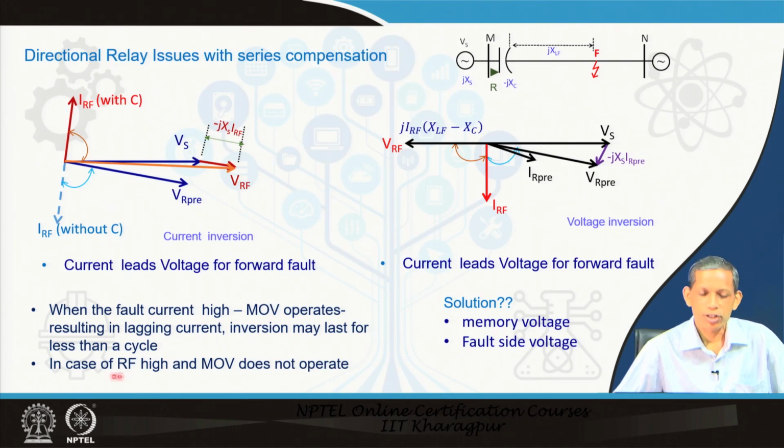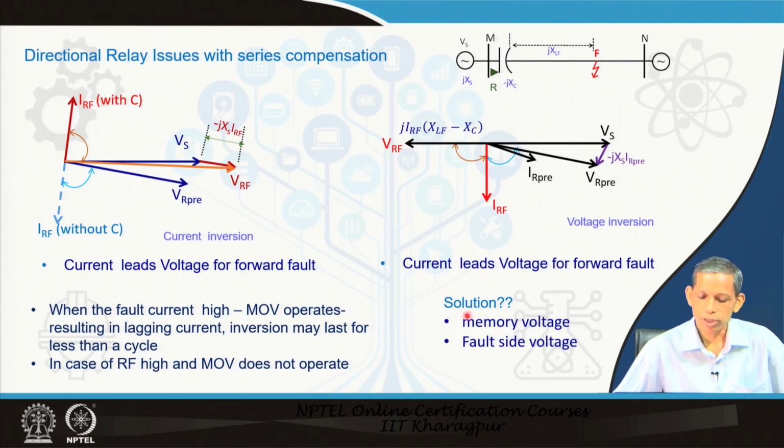In case the fault resistance is high, the MOV may not operate. In that case, the capacitor will be in the circuit and the system may observe the corresponding current inversion and voltage inversion. Therefore, the relay algorithm, the protection scheme, should be equipped for both possibilities.